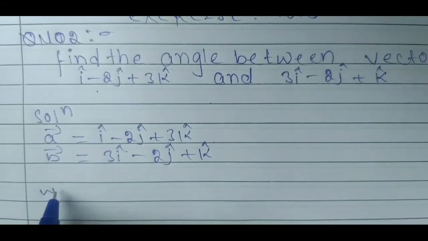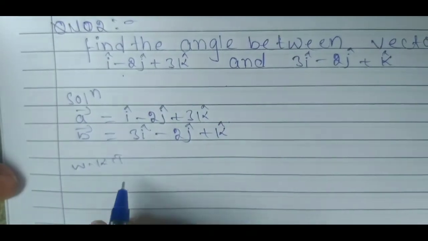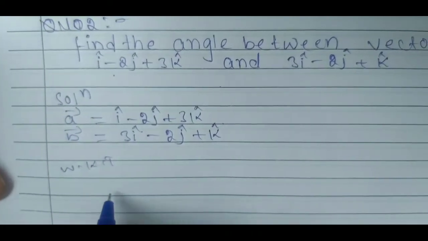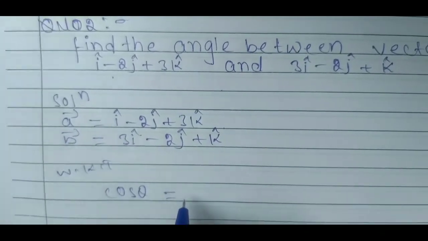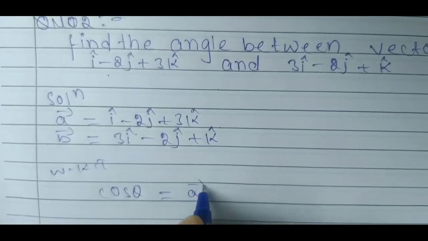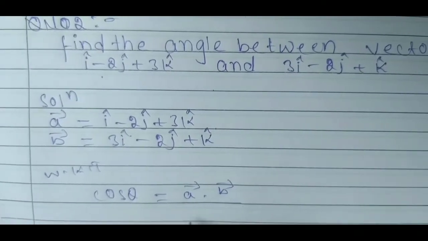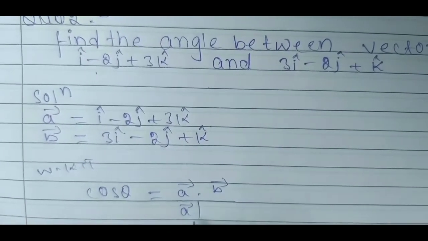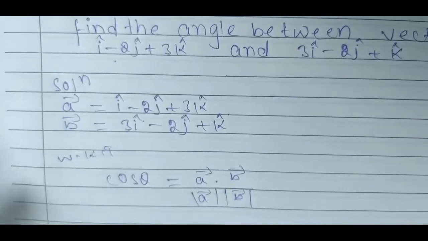We know that the formula to find the angle between the vectors is cos theta is equal to a vector dot b vector upon mod of a vector mod of b vector.